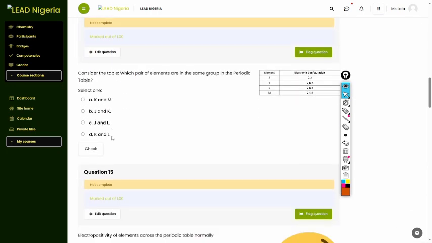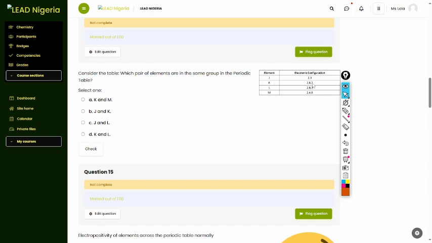Okay. Consider the table. Which pair of elements are in the same group in the periodic table? Okay, so this is another way to write the electronic configuration. We can use the 2, 8, 8 method. So the last number you see here represents the number of electrons in the outermost shell of that element.